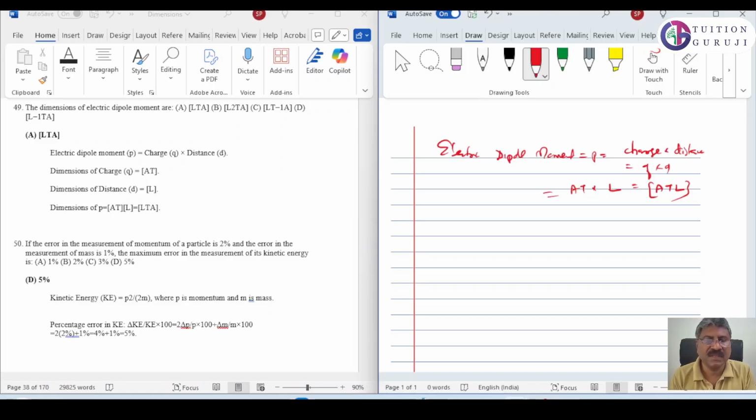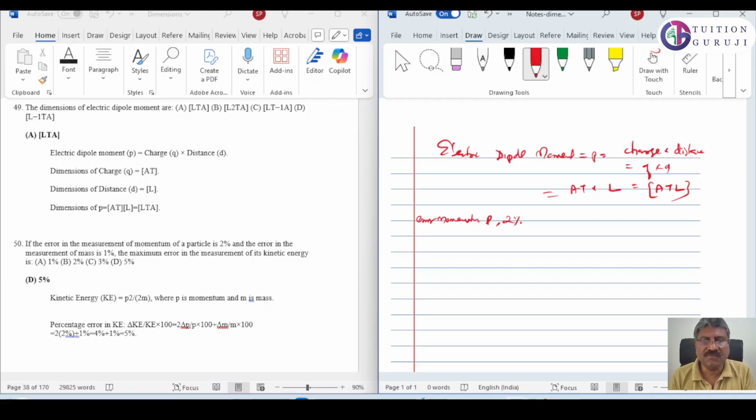Next is the error in the measurement of momentum of a particle is 2%. So error in momentum P is 2%.